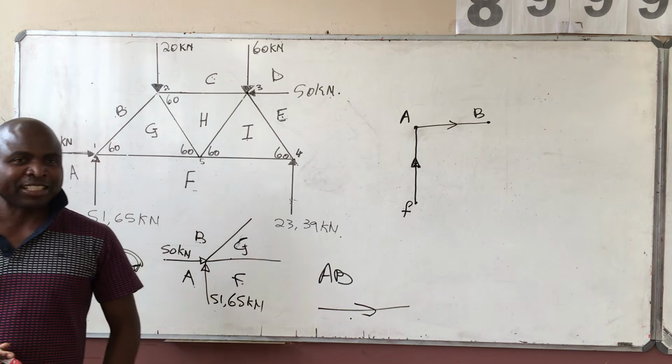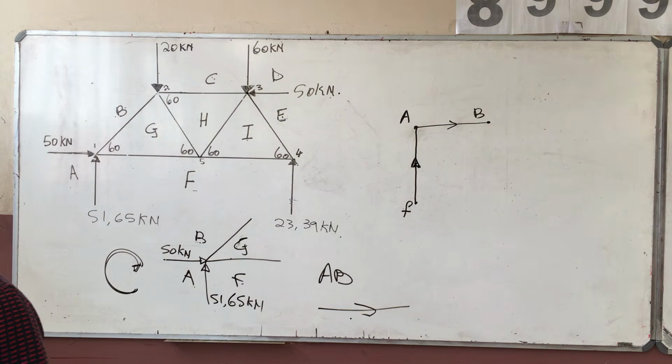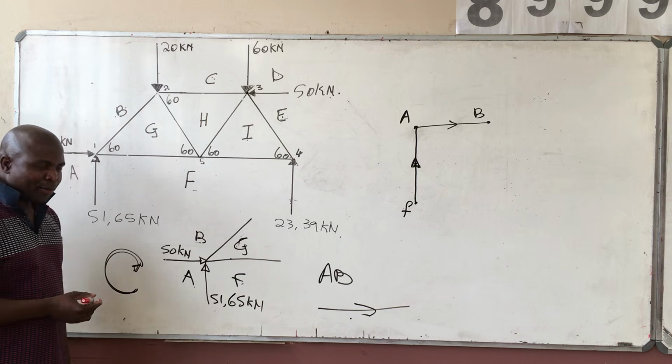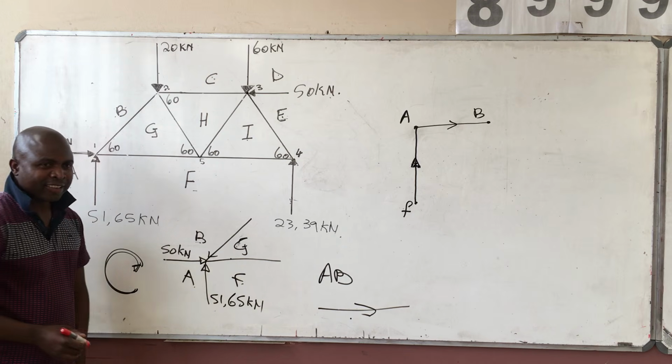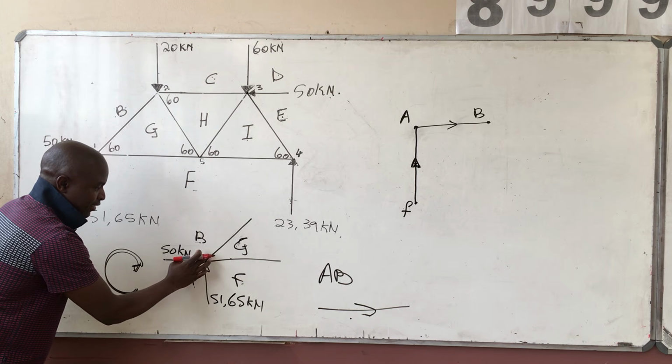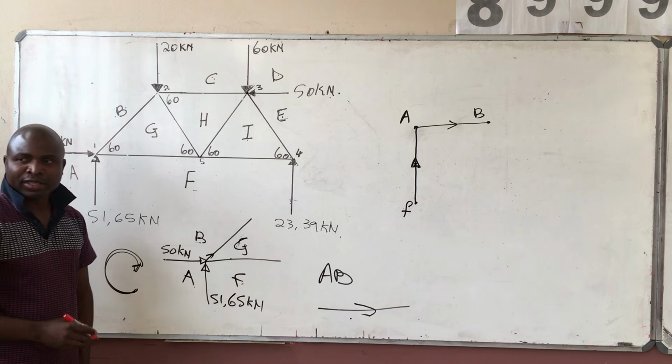So in which direction does BG go? Does it go up or down? Diagonal up or diagonal down? How do you know that is up? What if I come here and put the arrow there? Which direction? Down. What if I put the direction this way?